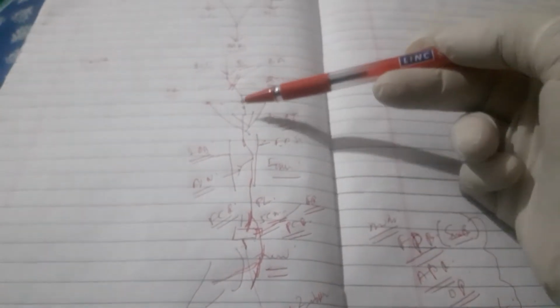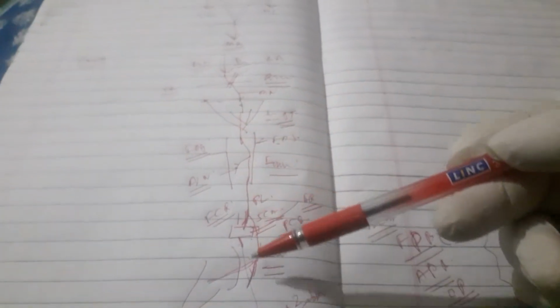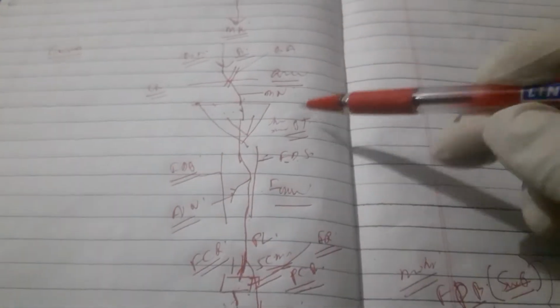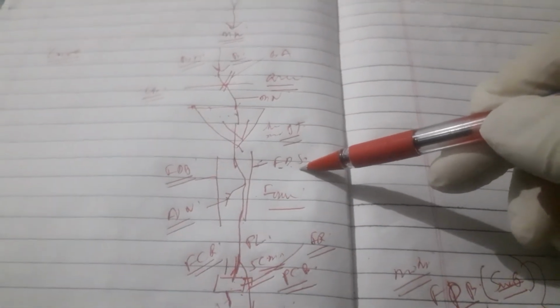Superficialis goes only up to the middle phalanx and the profundus up to the distal phalanx. So the proximal interphalangeal joint, metacarpophalangeal joint, and the wrist joint flexion will be lost due to the affection of the flexor digitorum superficialis.